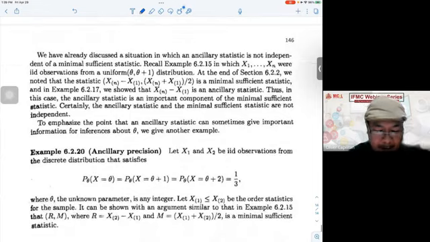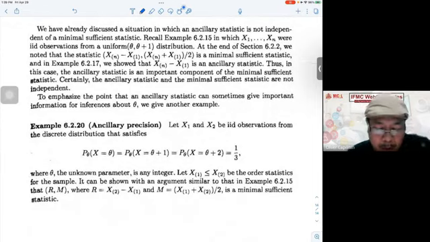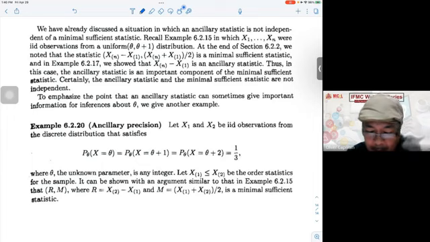So we have here a remark. We have already discussed a situation in which an ancillary statistic is not independent of the minimal sufficient statistic. We have that in example 6.2.15, in which we have a random sample coming from a uniform theta, theta plus 1 distribution.